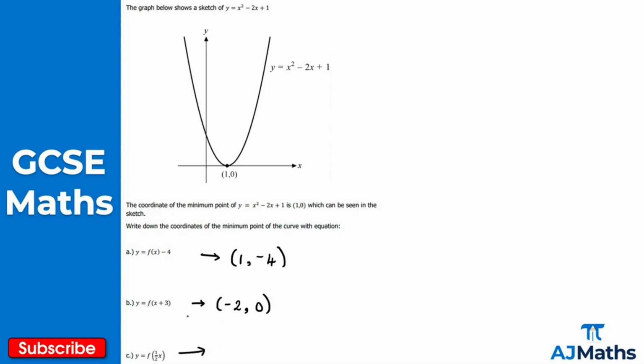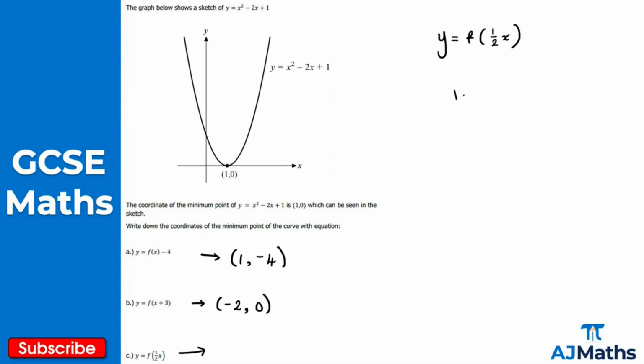And for part C here, we've got y equals f of a half x. So y equals f of a half x, like so. Now here, remember, this is inside the bracket, so it affects the x coordinate only. And remember, we divide by this number in front of the x. So we take our x coordinate, 1, and we divide by this number.